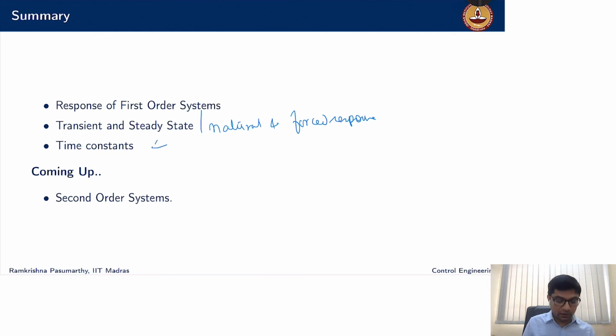And we also saw how the speed of the response depends on the time constant of the system. In the next lecture, we will talk about not just first order, but how systems respond to, for example, second order systems. And then we will generalize that to any nth order systems. That's coming up soon. Stay tuned.